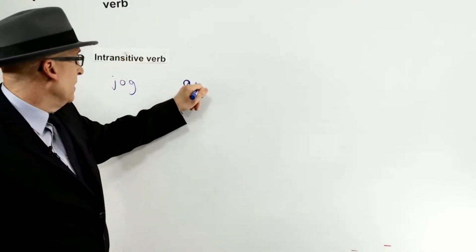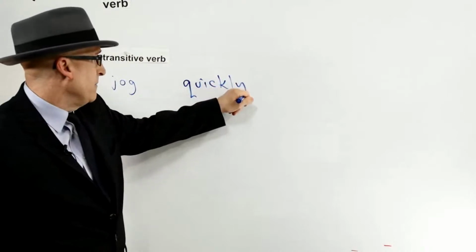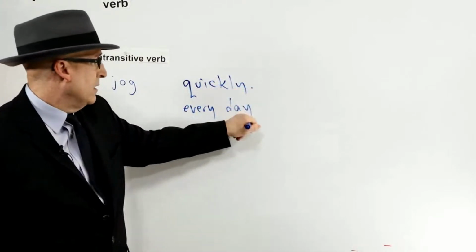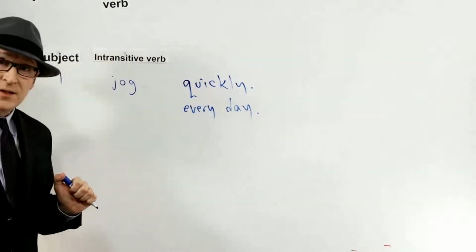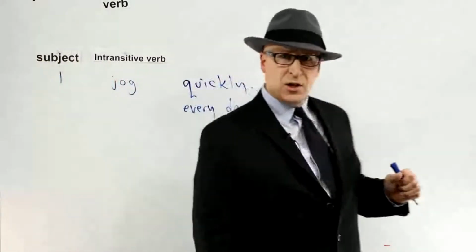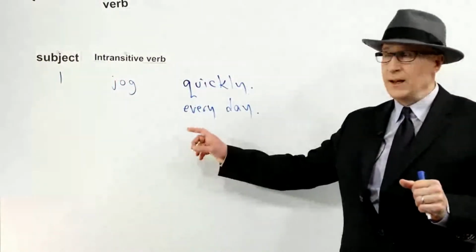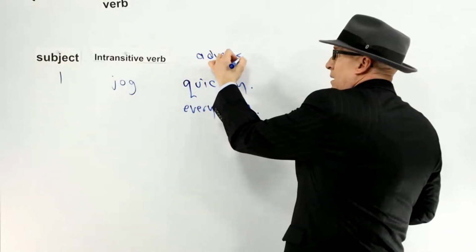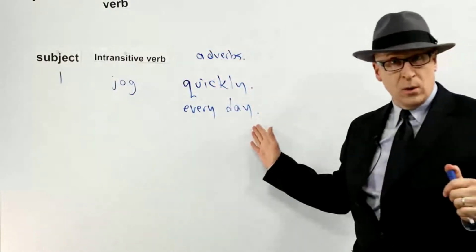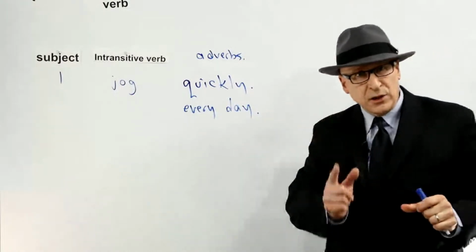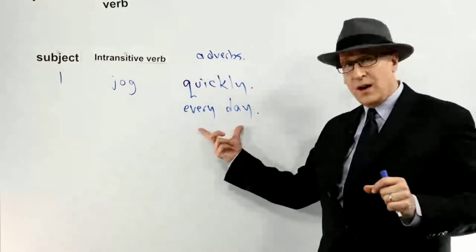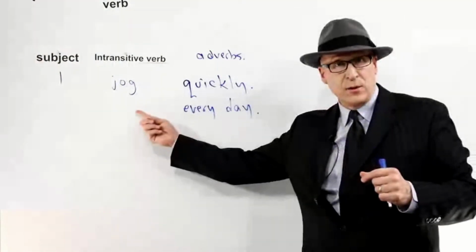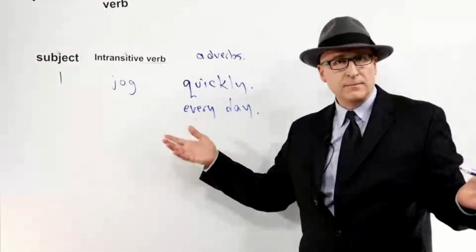I jog quickly. That makes sense, right? I jog quickly, or I jog every day. That's perfectly clear. These are adverbs. And that works. If that works, that's clear evidence that it is possible to put some words or phrases after an intransitive verb.